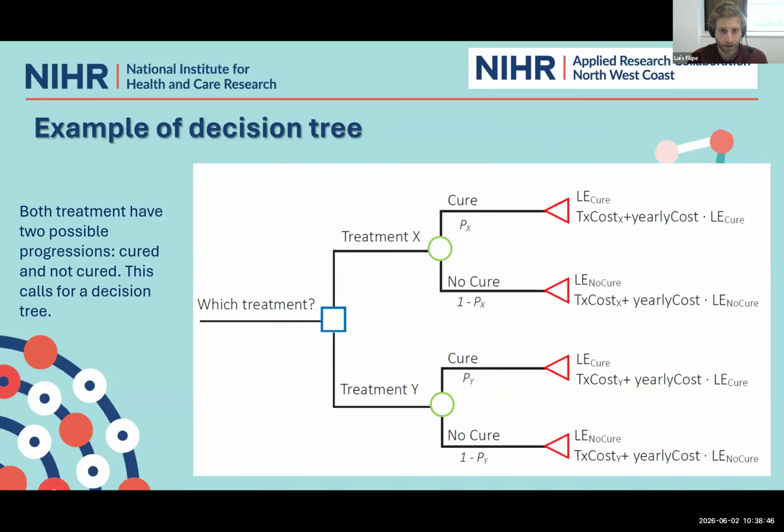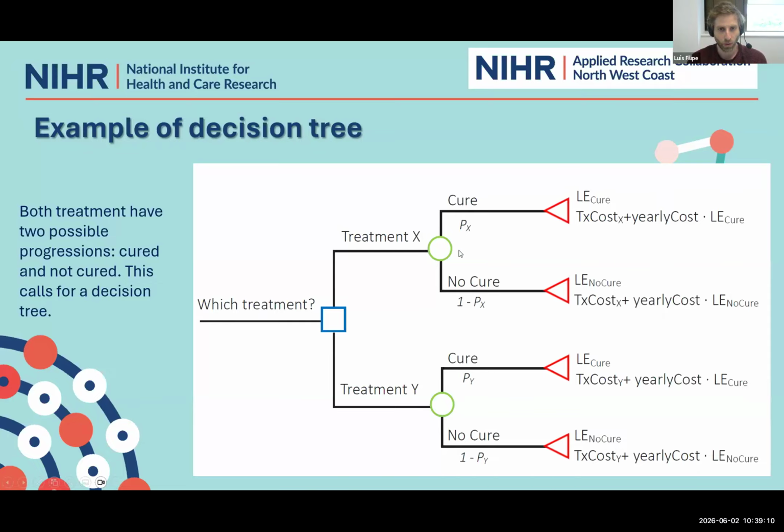So in this decision tree, you can see that we have treatment X and treatment Y. And the first thing that we need to do in the model is decide which treatment we are going to use. So you have this blue square here, which is basically called a decision node, telling us, do we go with treatment X or with treatment Y?